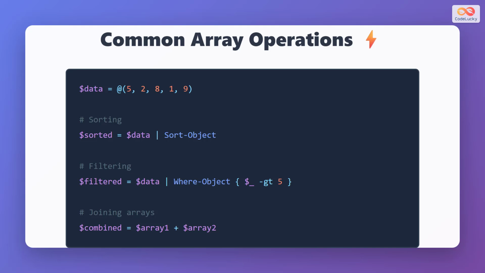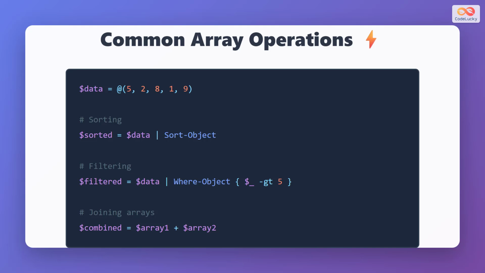Let's explore some common operations you'll perform with arrays. First, sorting. You can pipe an array to Sort-Object to arrange items in ascending order. For our data array with numbers 5, 2, 8, 1, and 9, sorting would rearrange them to 1, 2, 5, 8, 9. Second, filtering. Use Where-Object to select items that meet specific criteria.